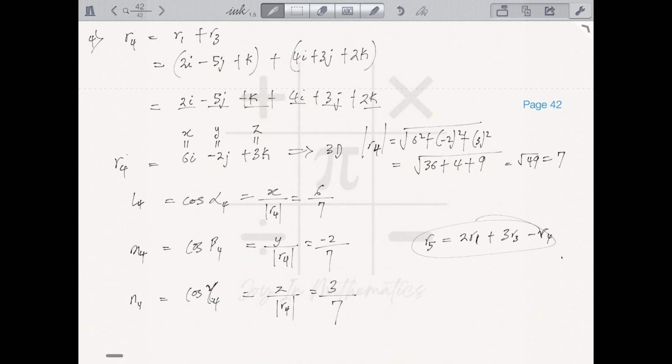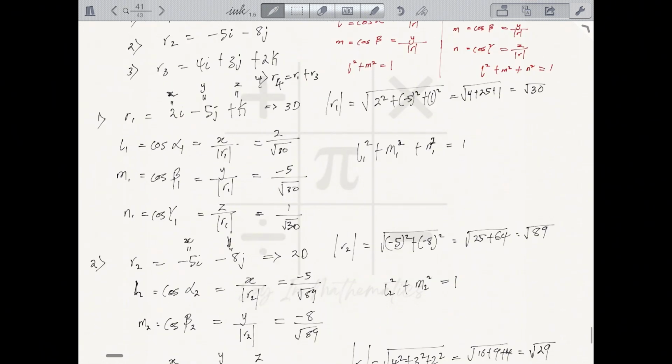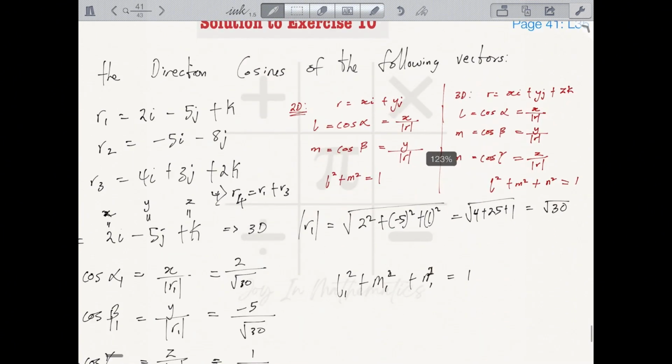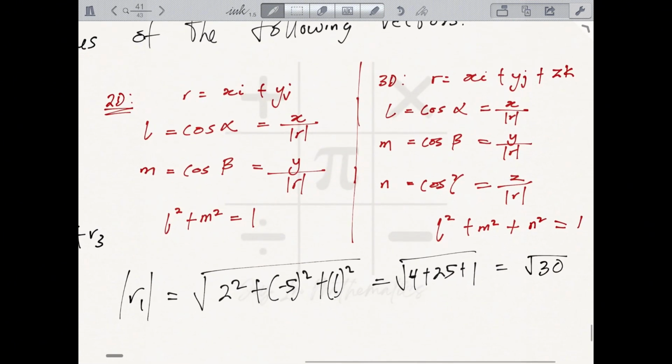You can give this a trial to challenge yourself. But the whole deal is to understand the direction cosine formula for 2-dimensional and also for 3-dimensional vectors. For 2-dimensional, we have cos alpha and cos beta. For 3-dimensional vectors, we have cos alpha, cos beta, and cos gamma with their respective answers.